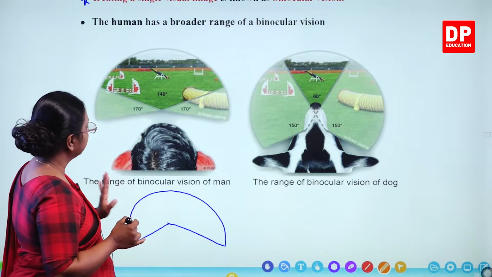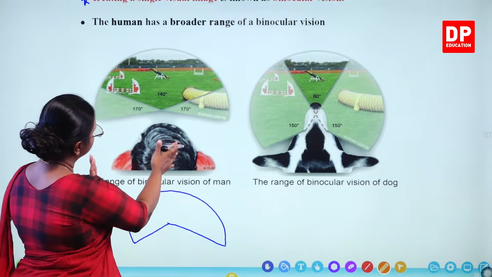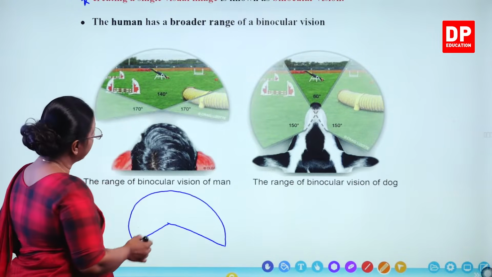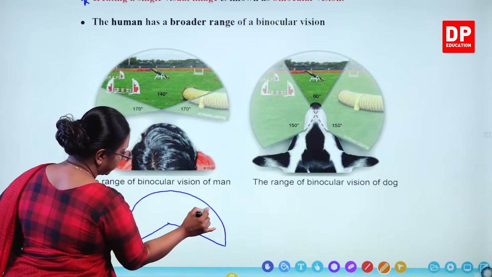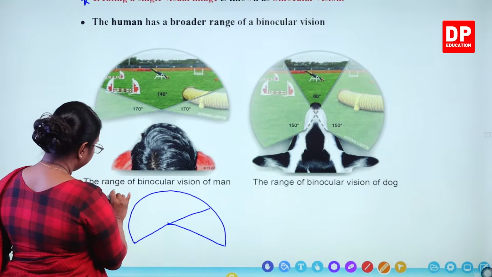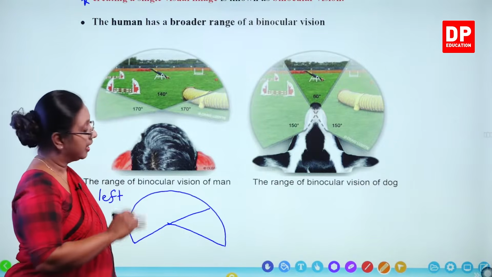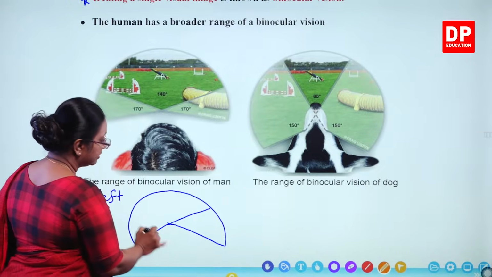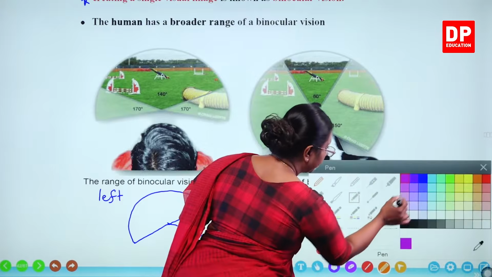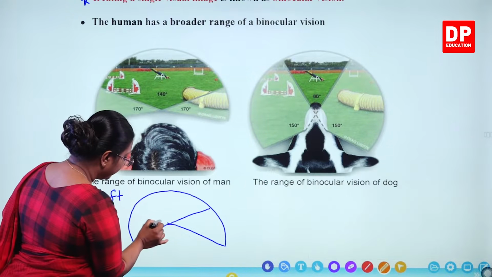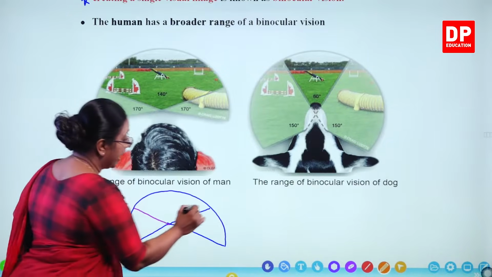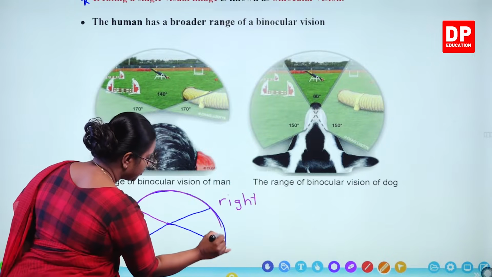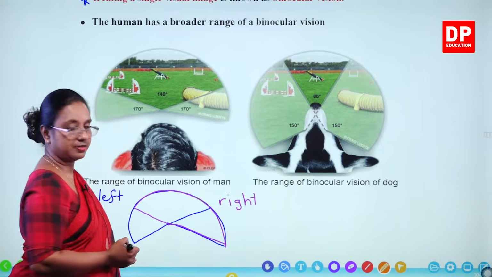Now, if I am the person there and I only use my left eye, then I will be able to see this particular area. So this is with the left eye. That is, if I close my right eye and use only the left eye, I can see this region. The same way, if I close my left eye and observe only with my right eye, I will be able to see this region.